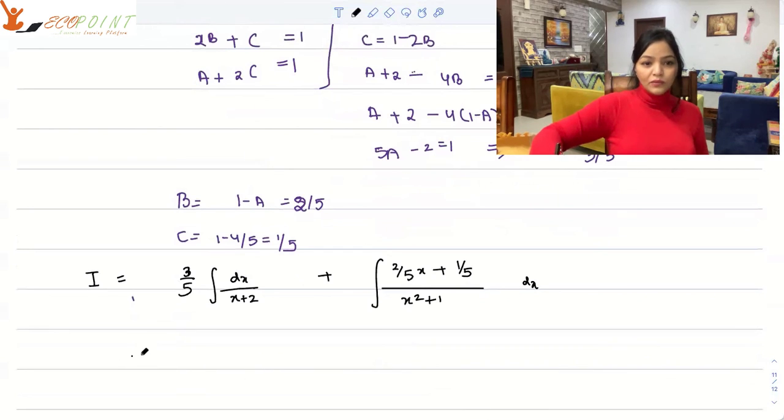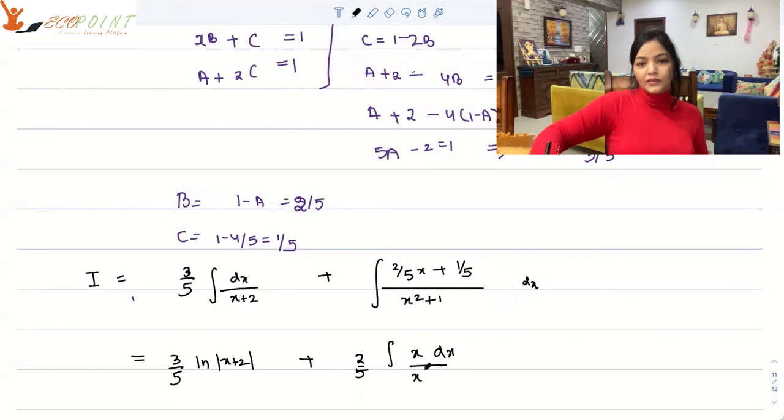Hence, this first part is simple: 3 by 5 log mod x plus 2. Plus, here you'll have to break it up. This will give you 2 by 5 integral x dx upon x squared plus 1 plus 1 by 5 integral dx upon x squared plus 1.